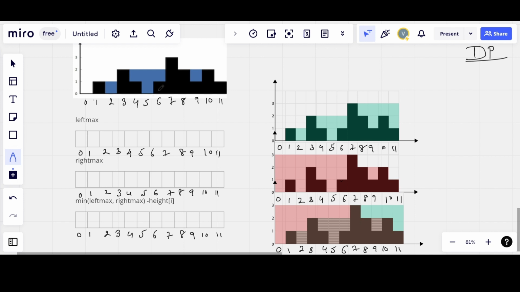So I have taken this example, this elevation map, where each bar is represented by the black color and each blue portion represents the water trapped. And the width of each black portion or bar is 1 unit.